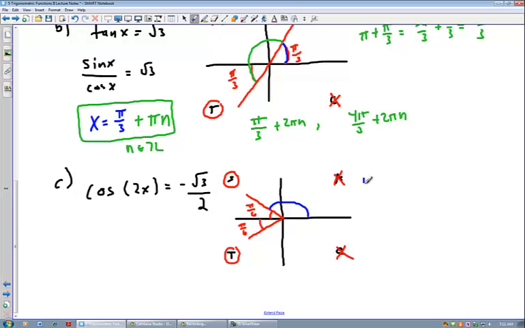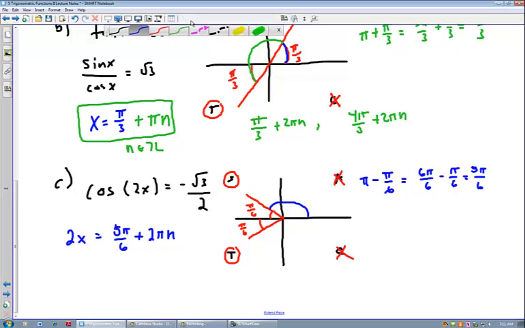And so it's going to be pi minus pi over 6. So I'm going to go all the way around and back pi over 6. And that's going to equal 6 pi over 6, take away pi over 6, which is simply 5 pi over 6. And so 2x, this angle, which is 2x, will equal 5 pi over 6. And then, of course, I can go plus any 2 pi n. So plus 2 pi n.